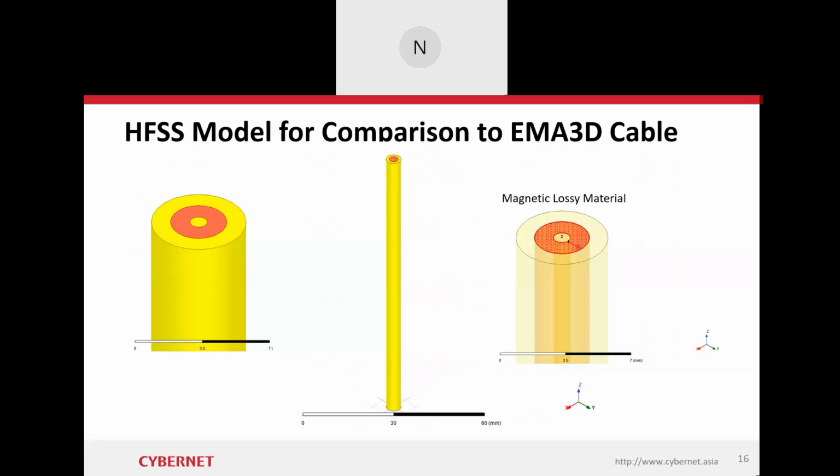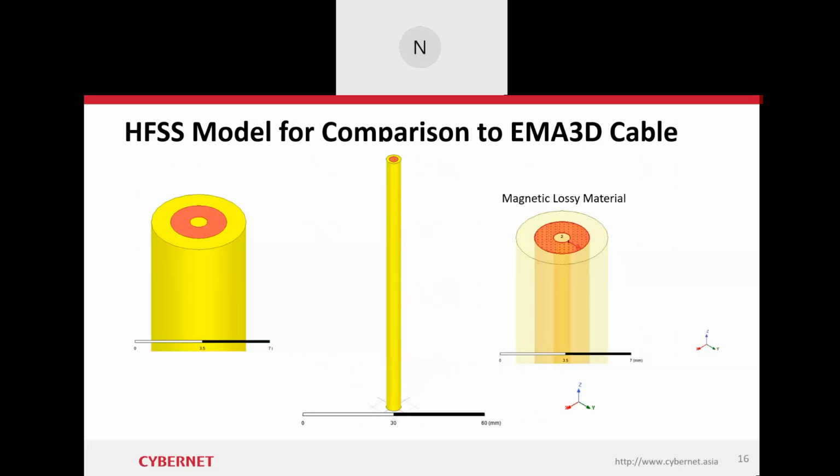These two will be full wave simulations for the electromagnetic fields. First is the HFSS model on the right-hand side, and the EMA 3D model on the left-hand side.